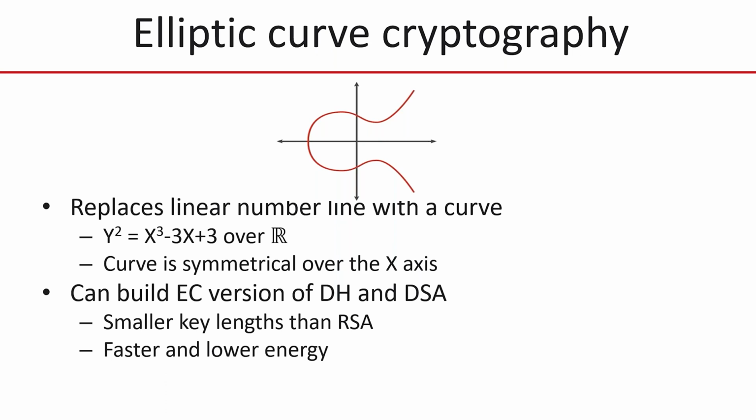This provides a stronger level of encryption so that we can use smaller keys to give us the same strength of encryption as RSA. For a small microcontroller, elliptic curve cryptography is very useful because we need to do less computing and therefore use less energy. There are a number of microcontrollers now that have built-in hardware accelerators to do elliptic curve cryptography for this very reason.